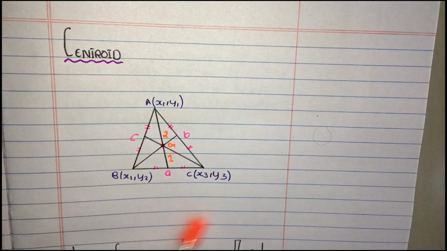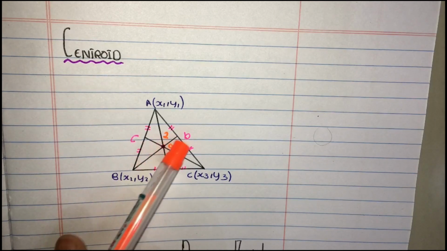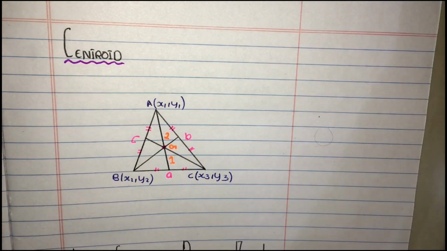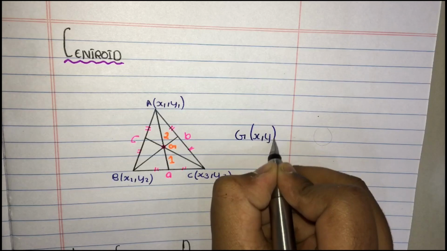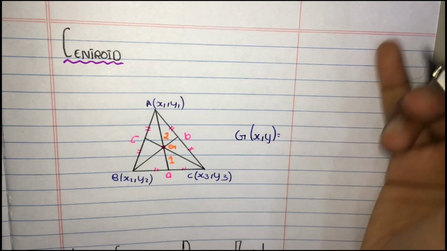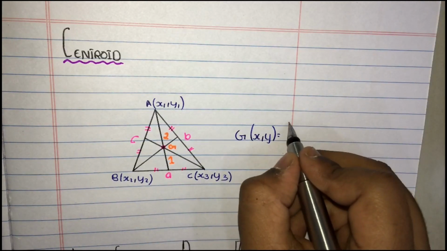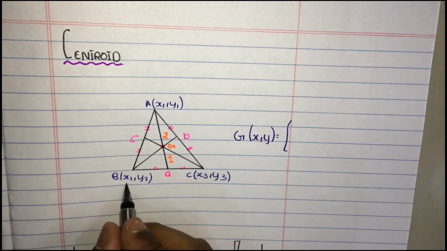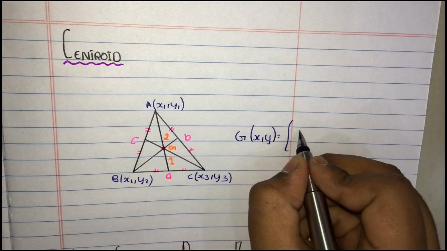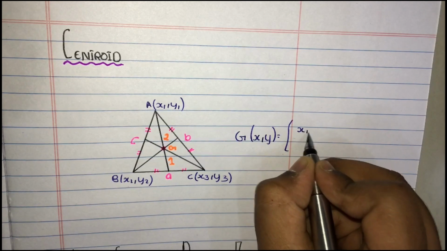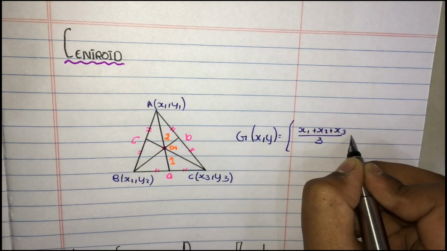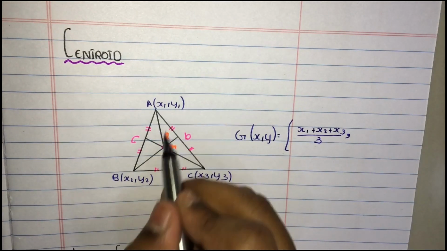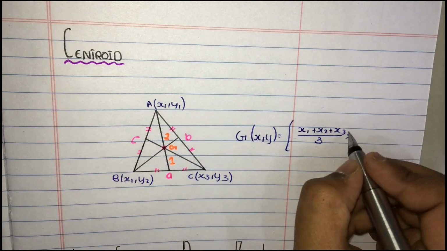Now let's see how to find the centroid, that is G, the coordinates of this point. So G of x comma y is equal to x1 plus x2 plus x3 by 3 for x coordinate, and for y, y1 plus y2 plus y3 by 3.